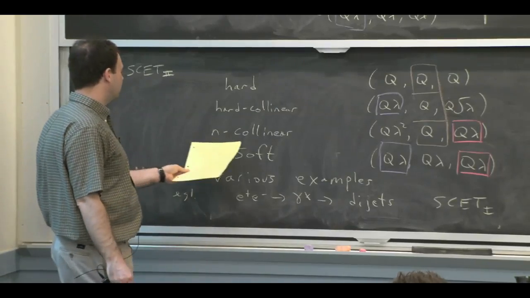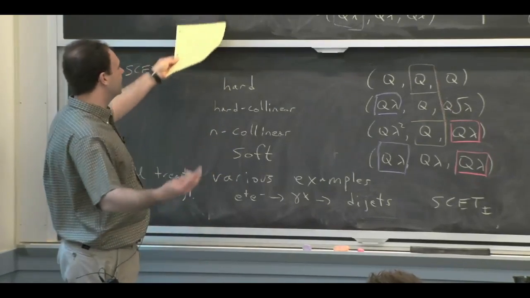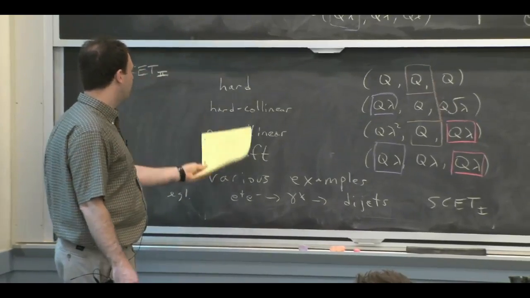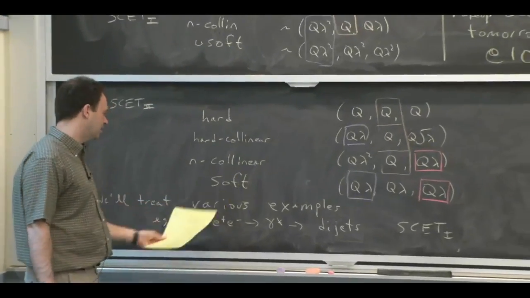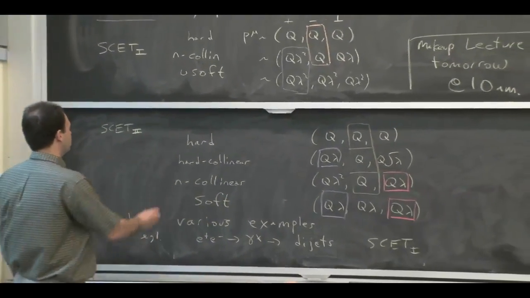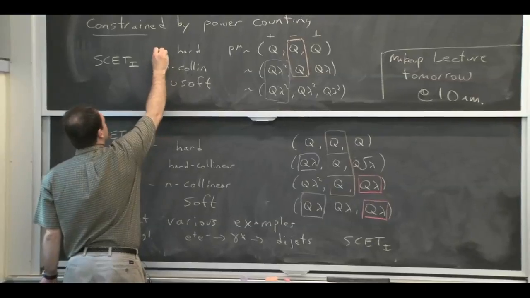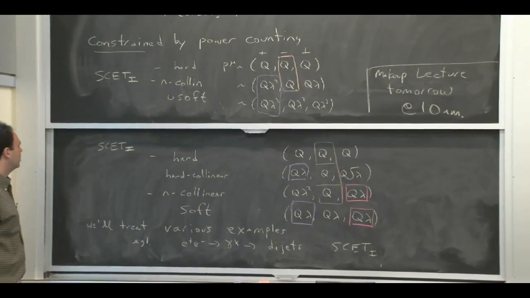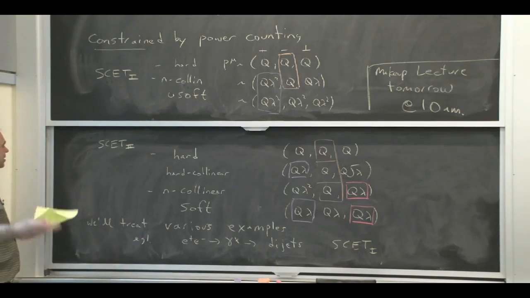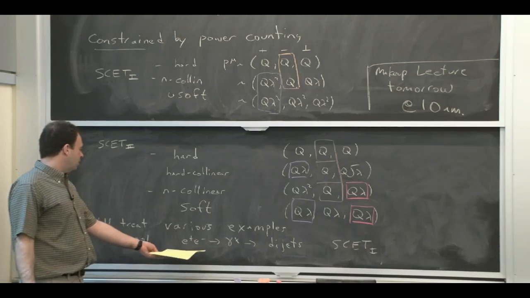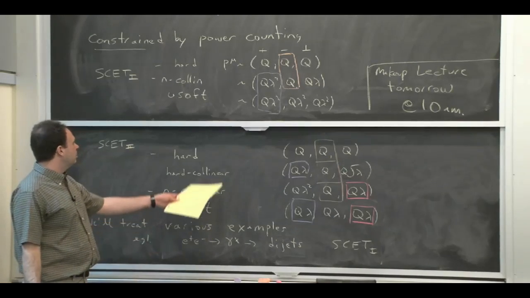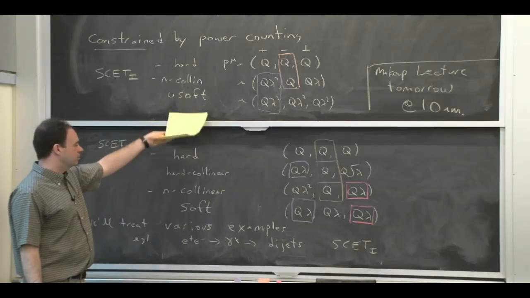Technically it's more like SCT2, but it behaves like SCT1. There are no ultrasofts. Remember, it's ultrasofts and softs that make the distinction between the two. So if you just have this mode and this mode, there's no real difference between calling it SCT1 or SCT2, so it's just SCT. So e+ e- to dijets will be an SCT1 example, which has ultrasofts.